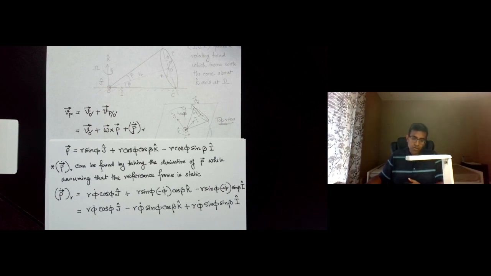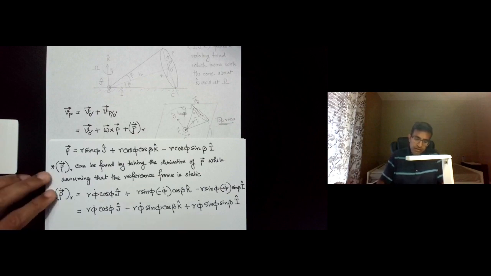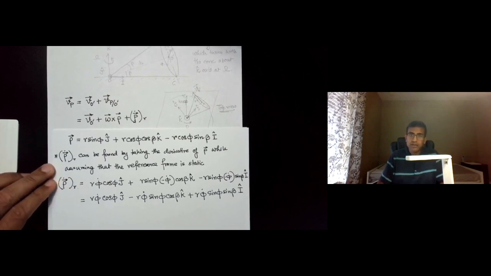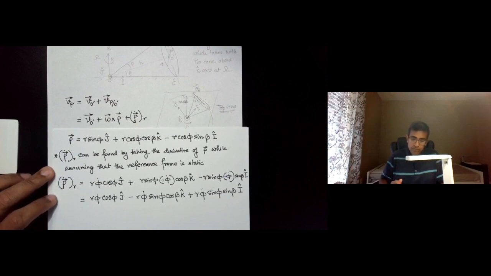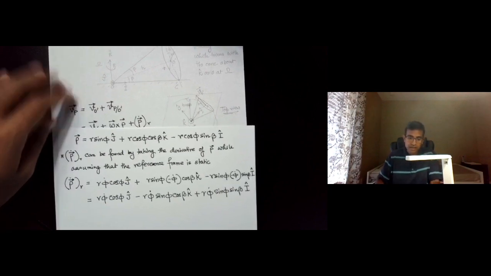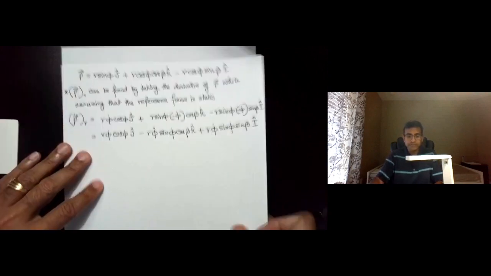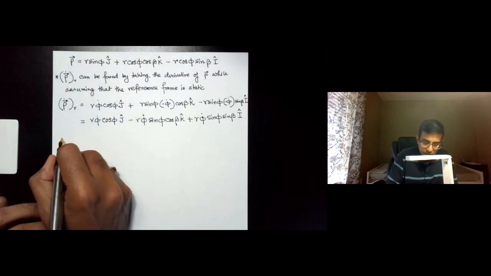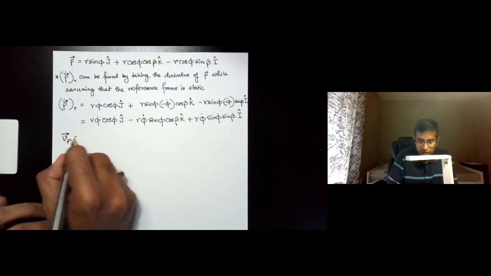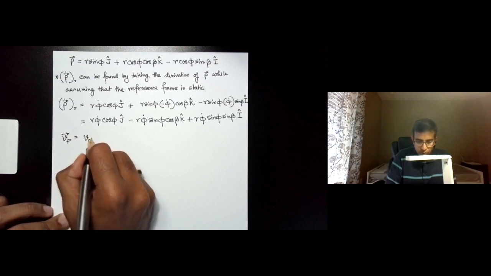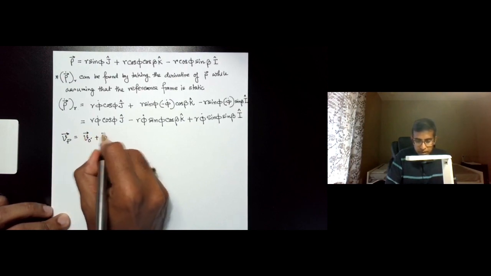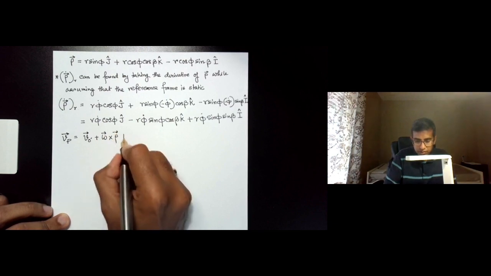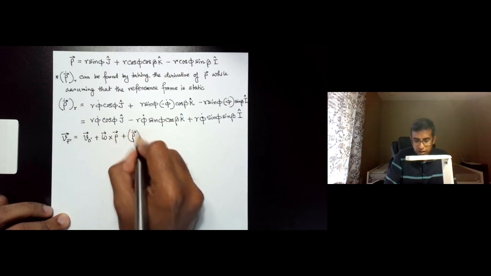Alright, so now we have all the different components and we can add them up. Vp is therefore Vo prime plus omega cross rho plus rho dot r.